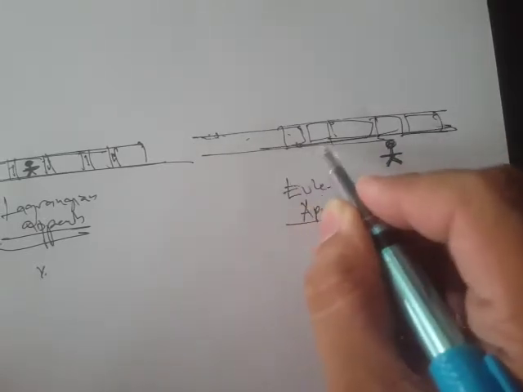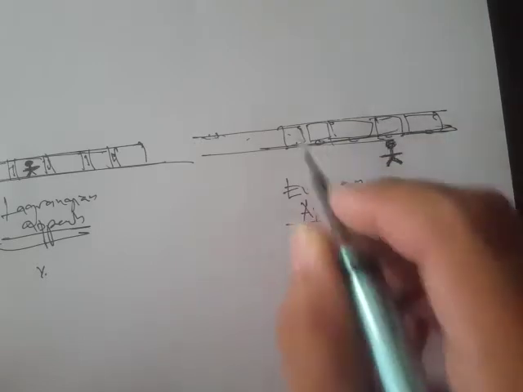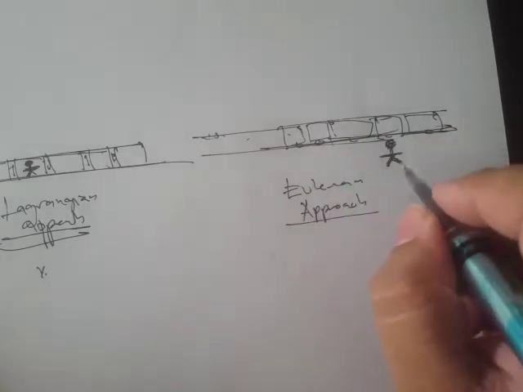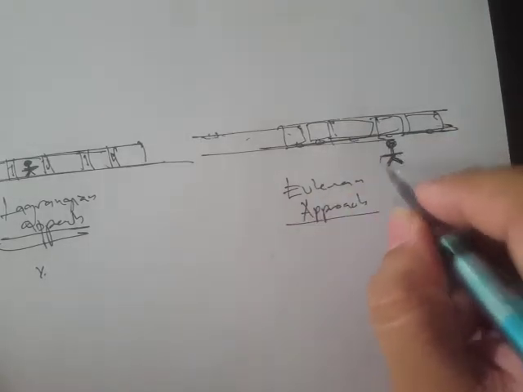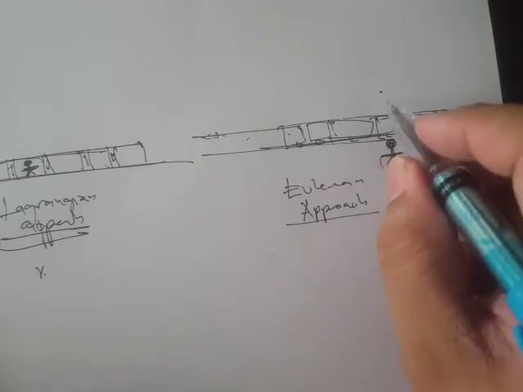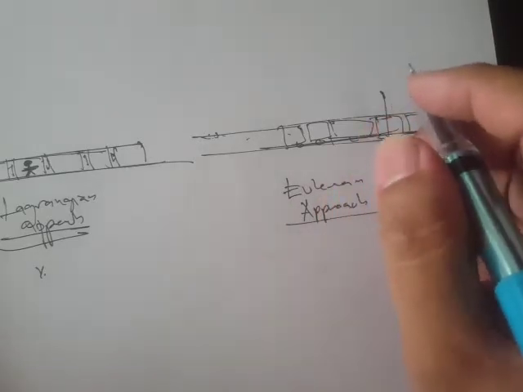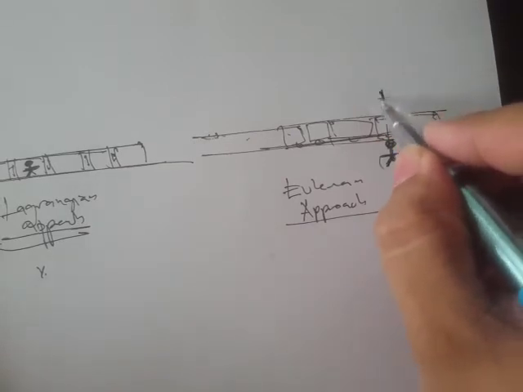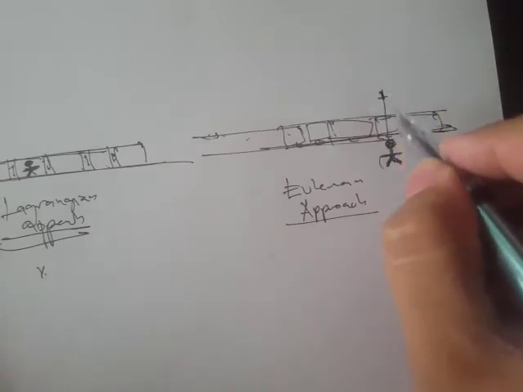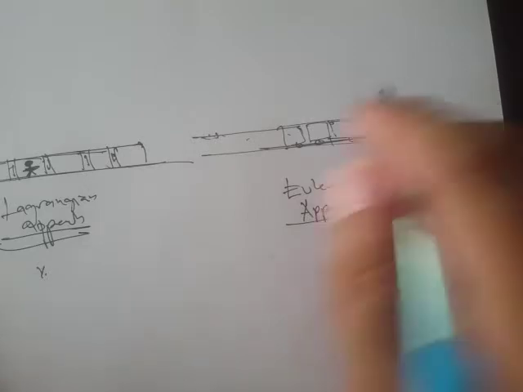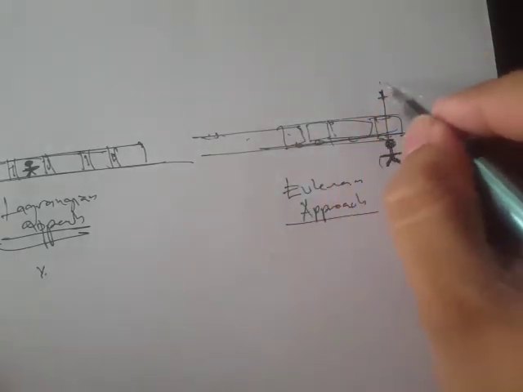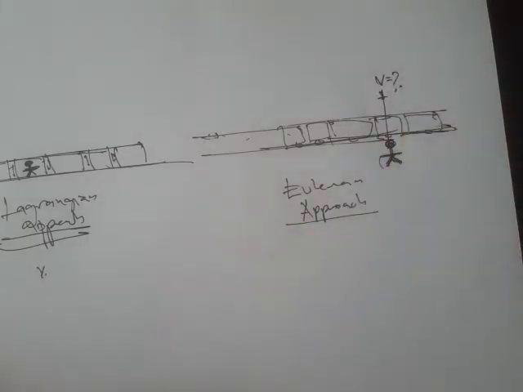Let's say this is the train, and you are the fixed point in the grid, and at time equal to 1, you will register the velocity of this train, of course maybe using some devices. So what is the velocity?